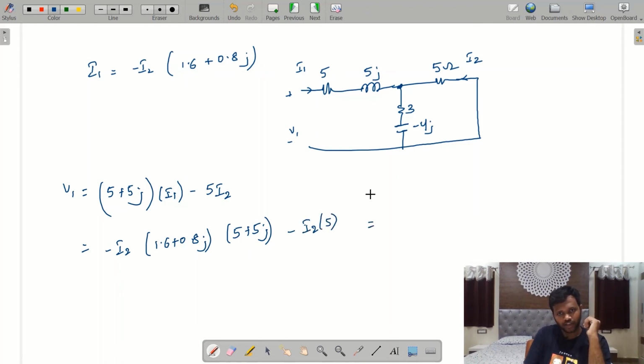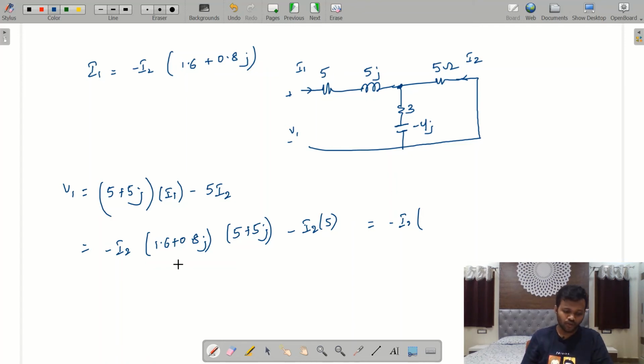I am just taking minus I2 as common. If I take I2 common, 1.6 plus 0.8j into 5 plus 5j.